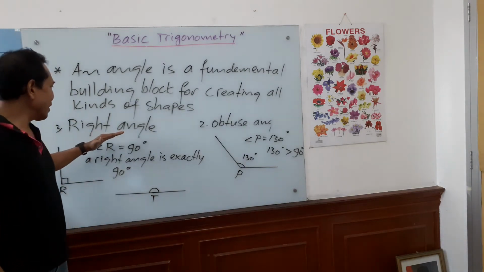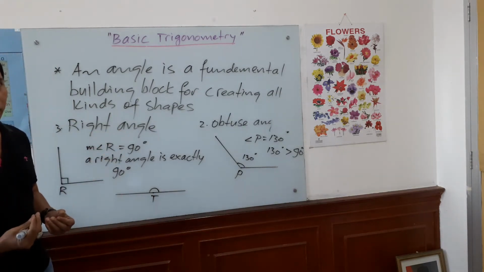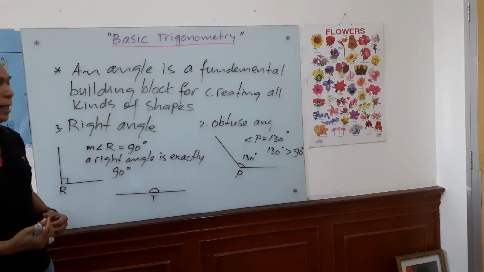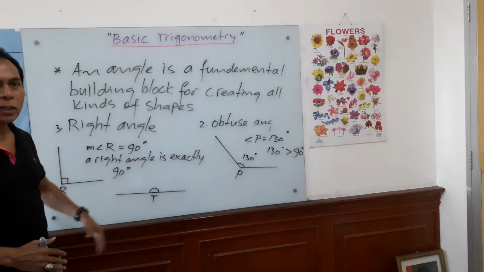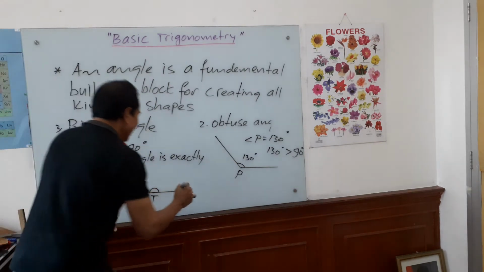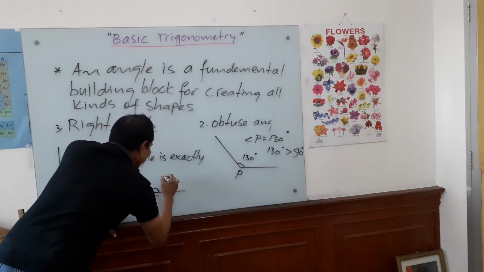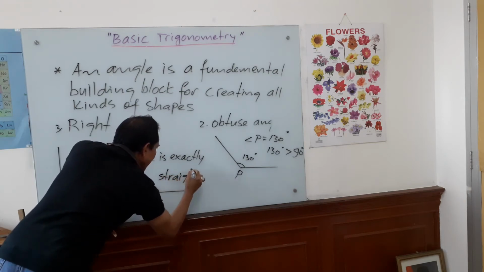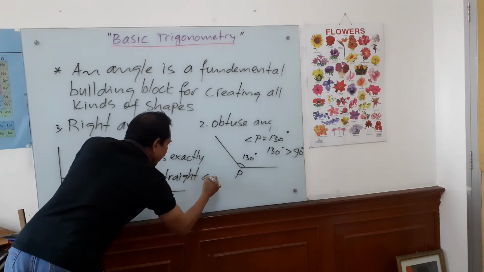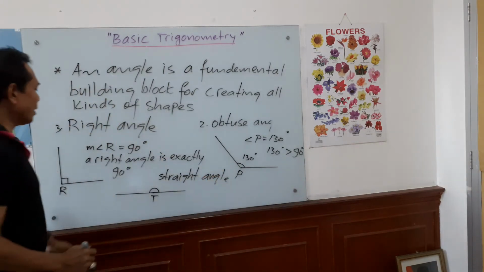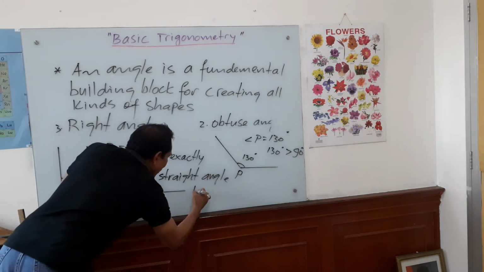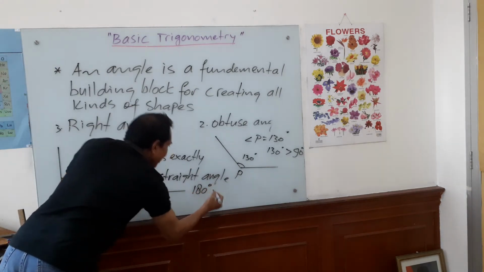As we know, a right angle is an exact angle, exactly 90 degrees. A straight angle also is exact, okay? This is straight angle. Now, the straight angle is exactly 180 degrees.